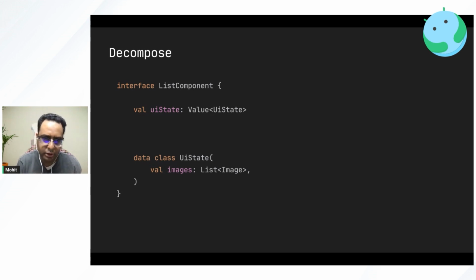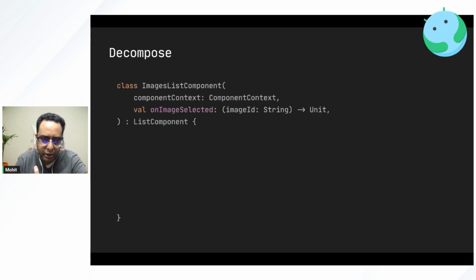You could plug in open source multi-platform libraries such as Reaktive to be able to use coroutines with it. Over here, I have some UI state in this component that I'm providing. And in this interface I could also provide what's going to happen when I click on one of the images, to be able to navigate.